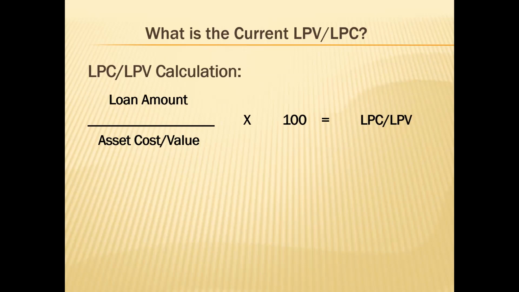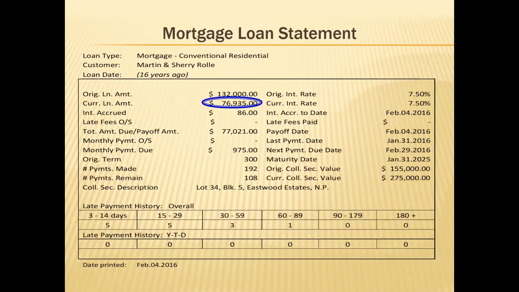So we're looking at LPC with regard to Martin and Sherry Roll. The loan amount, we get that from the mortgage loan statement, which is 76,935. Everyone sees that? That'll be your numerator. Yes, sir. Okay.